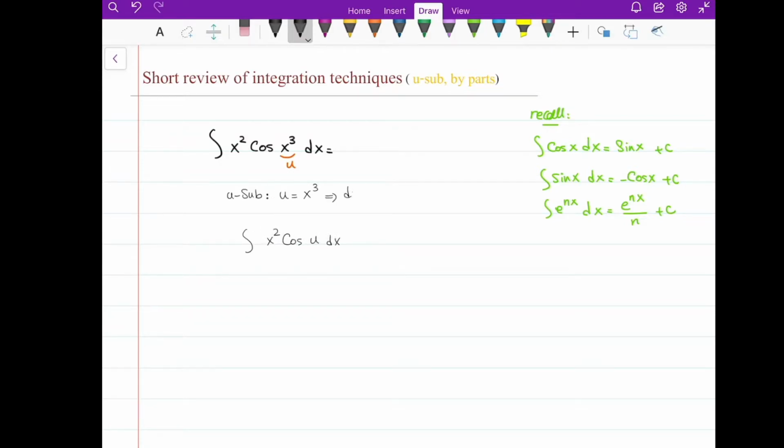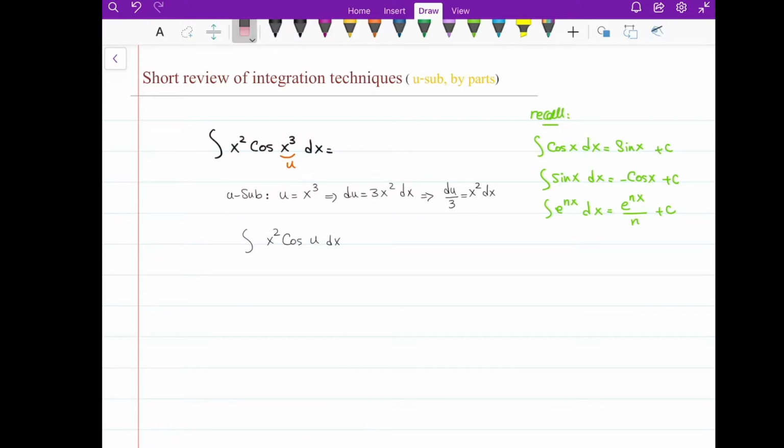I'm gonna take the derivative of both sides in here. So du would be what? Would be 3x squared dx. Okay, and so x squared dx is something that I want to replace with u, so that's why I'm gonna keep x squared dx on one side and I'm gonna divide the other side by 3.